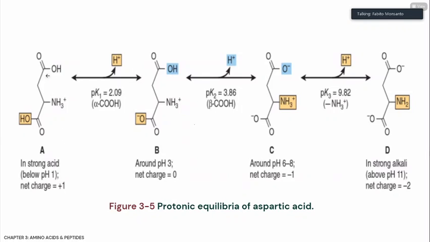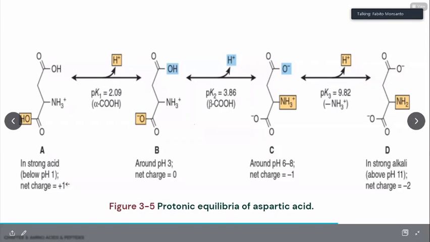The carboxyl group is also protonated. The proton is there. So at a very low pH, aspartic acid shows a positive 1 net charge.